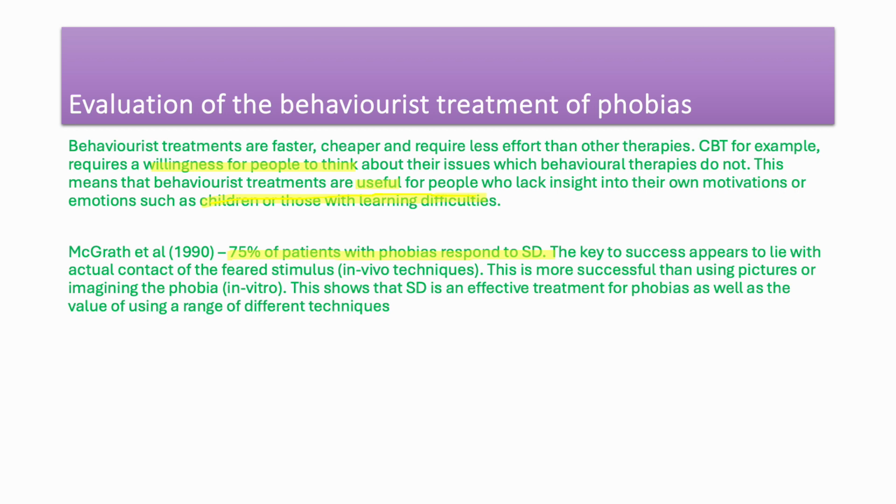And the key to success appears to lie with actual contact of the feared stimulus, which is called in vivo techniques, which are more successful than in vitro, which, modern day you can do the whole sort of virtual reality, put on some goggles and you see a rat if you've got a phobia of a rat, or you see spiders and you see them physically crawling up your skin, but it's not actually happening. In vivo techniques are actually more effective, but nonetheless, systematic desensitization is an effective treatment and there is value for different techniques, so it's quite versatile.